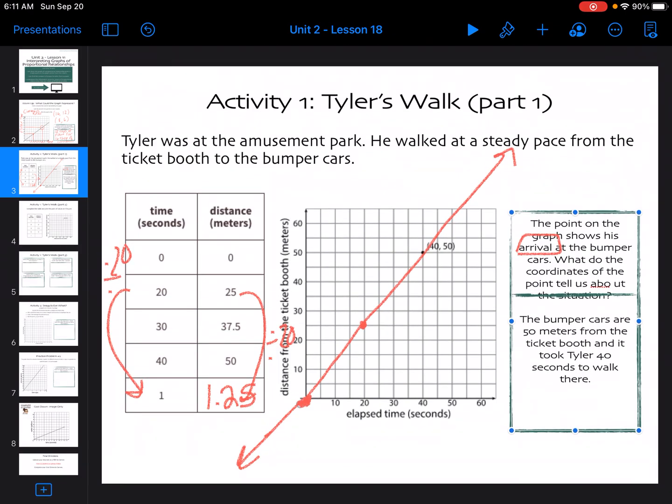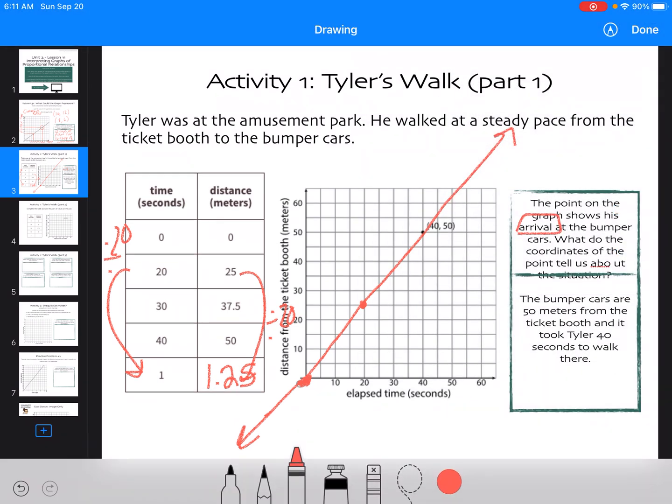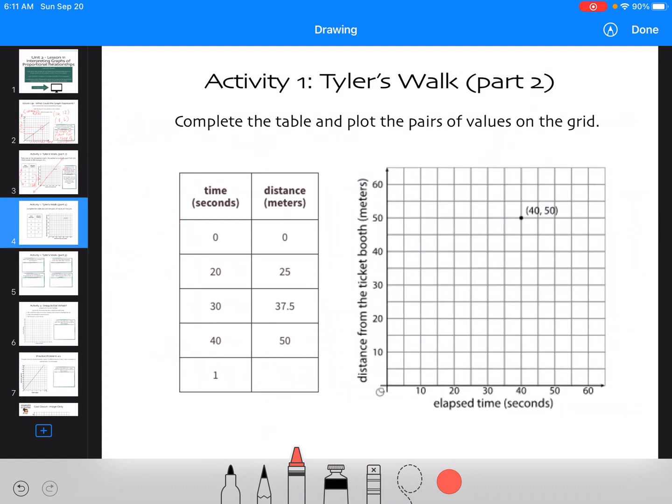All right, so I know that the distance from the ticket booth, because it tells me that right here. It also tells me that he's arrived at the bumper cars, so that's how I know what this point represents.